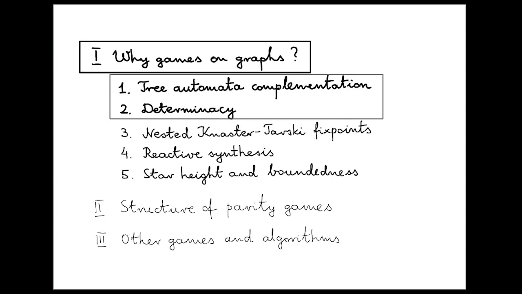My goal here will be to give you a fairly rigorous, detailed proof of determinacy of parity games, which is one of the key technical tools used in the difficult proof of Rabin's result that tree automata can be effectively complemented.